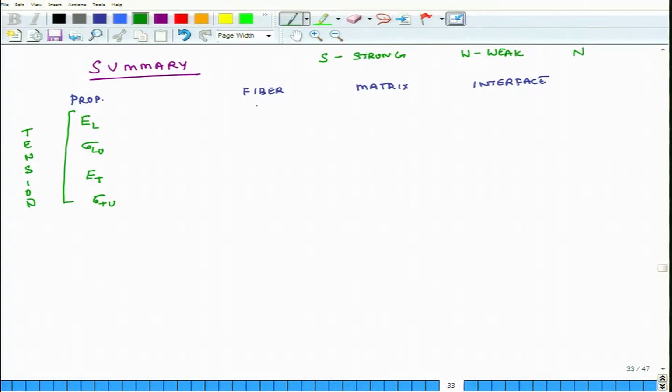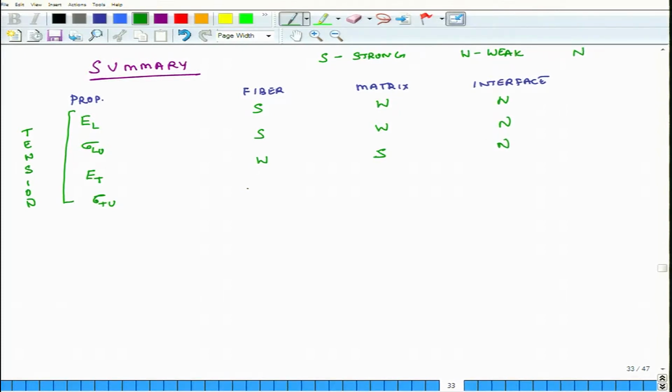So, fiber's role is strong, matrix role weak, we have seen it, right. The longitudinal modulus is strongly determined by properties of the fiber, and interface role negligible. Sigma LU same thing, strong, weak, negligible. But when you look at the transverse modulus, then fiber's role is weak, matrix role is strong, and interface is negligible.